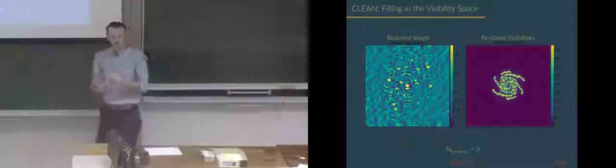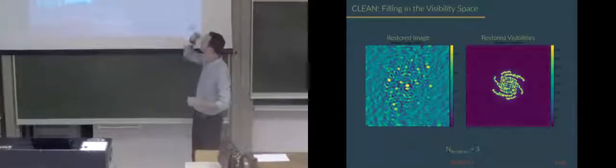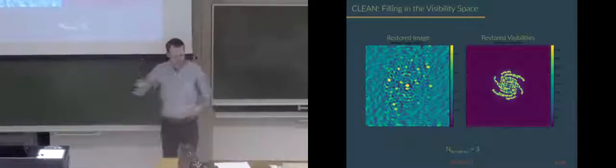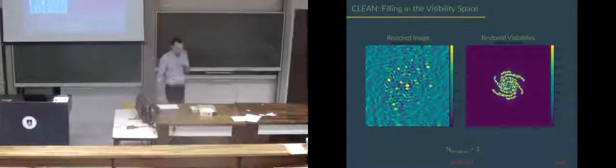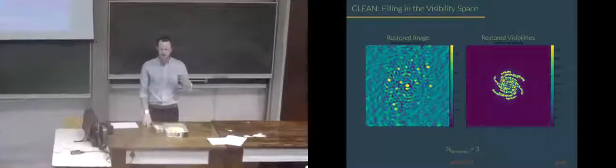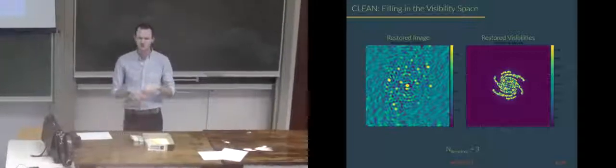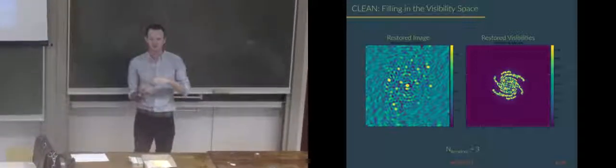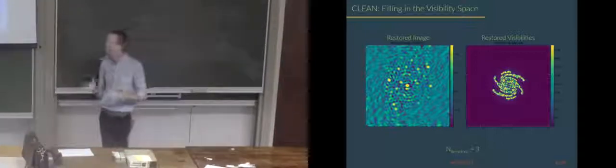This is really a key point: fundamental to all this deconvolution is the assumption that everything can be modeled as a point source, and then we convolve that with a Gaussian because of the resolution of this array.